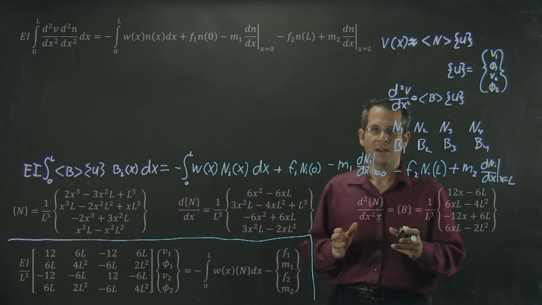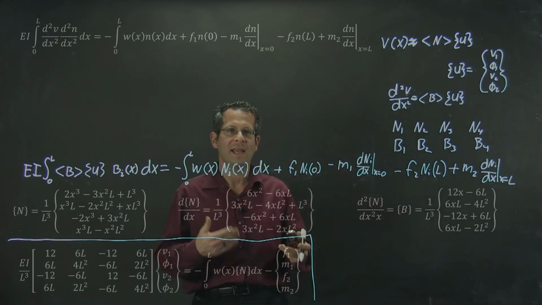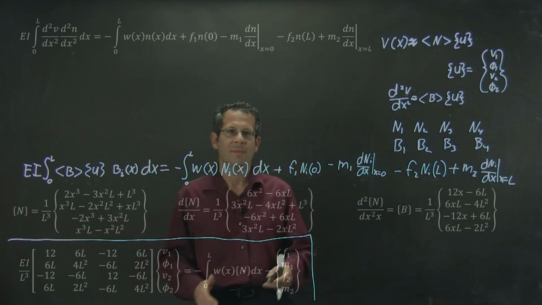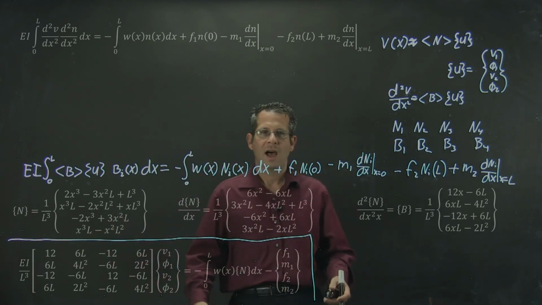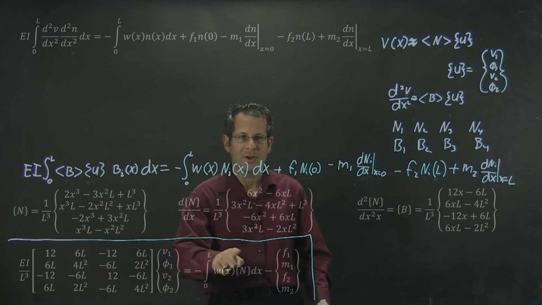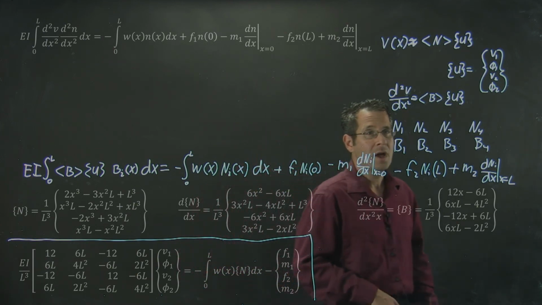The reason we did this was because we were going through different ways of deriving the finite element methods. Remember, when the direct method, I ended up with a very similar form, except I couldn't account for distributed loads. Remember that w(x) is my distributed load.